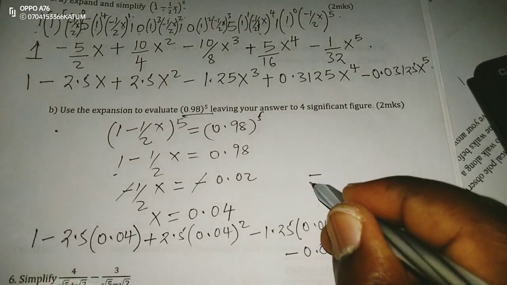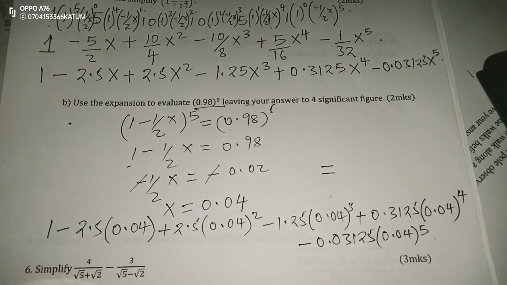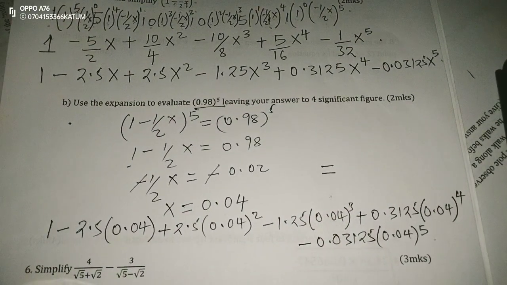Therefore, we can use the calculator to carry out this expansion, and I will begin with 1 minus 2.5 times 0.04. Then I add 2.5 times 0.04 squared. Then I subtract 1.25 times 0.04 raised to power 3.